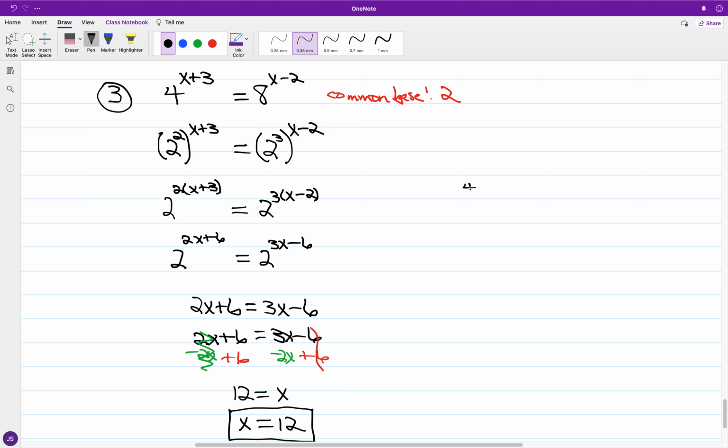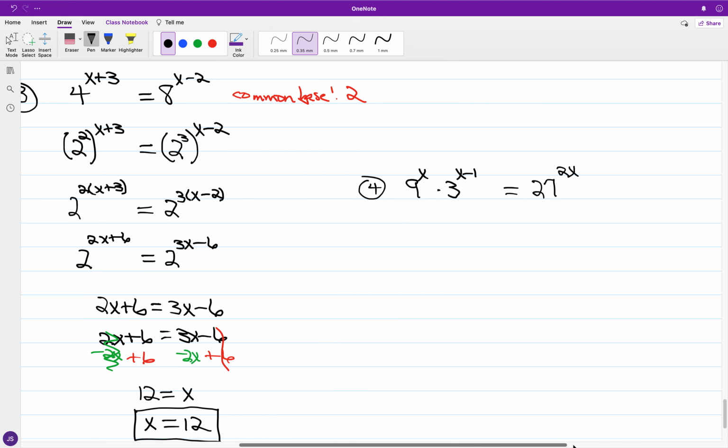And let me give you just this fourth case, if I have something like 9 to the x times 3 to the x minus 1, and say we have is equal to 27 to the 2x.